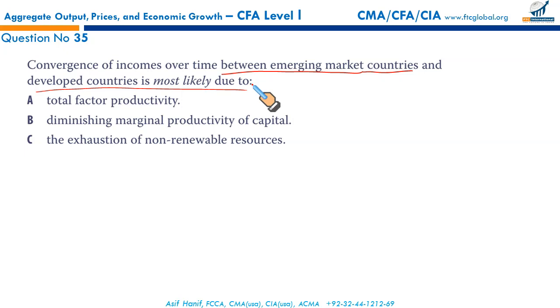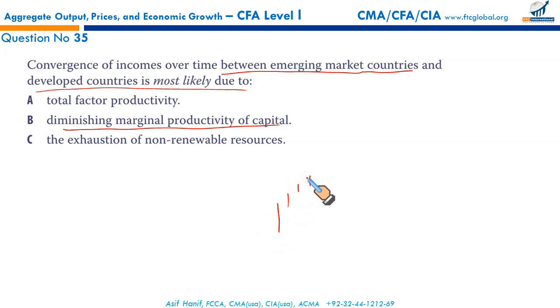So this is because of diminishing marginal productivity of capital, which means that as a country accumulates more capital per worker, like in the US, Canada, and England, the incremental boost to output declines.